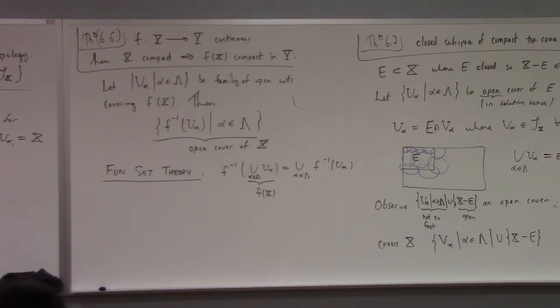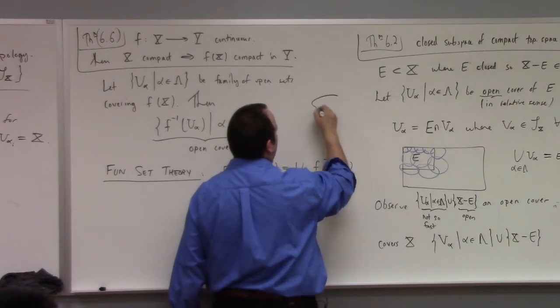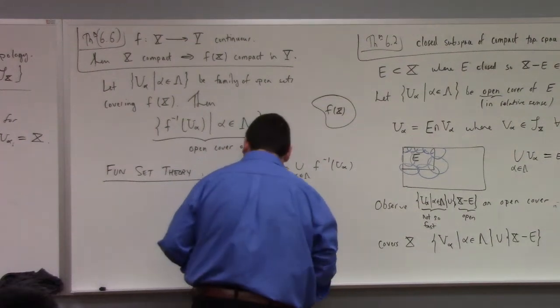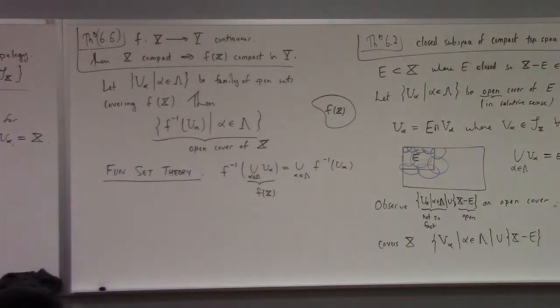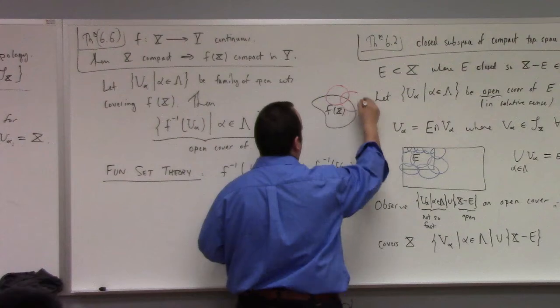So we're saying if the u alpha were just open in y. So what's going on here, guys? Maybe this is the image. And so what we're fussing over at the moment is when I say family of open sets, do I mean that cover f?